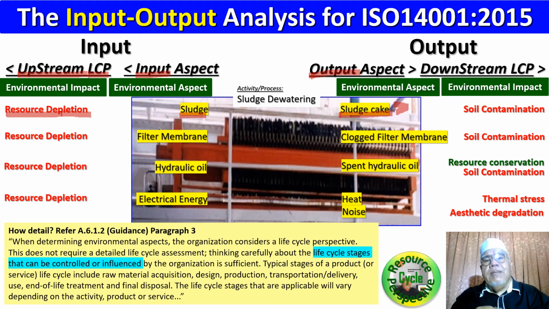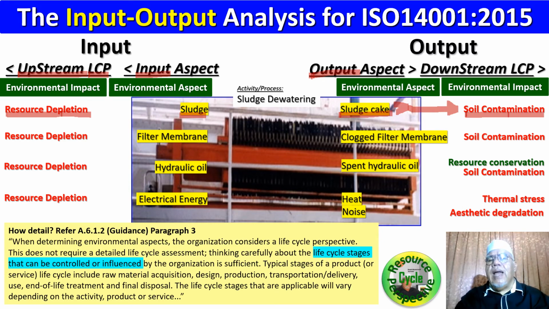called a prescribed premise, which is licensed by the authority either to incinerate the sludge cake, causing air pollution, and also you get ash which will be sent to the secure landfill, or directly without going through incineration, it will be dumped in a secure landfill, thereby interacting with the environment and causing what is called soil contamination or ground pollution, or even groundwater pollution, depending on how you find it, how you investigate.